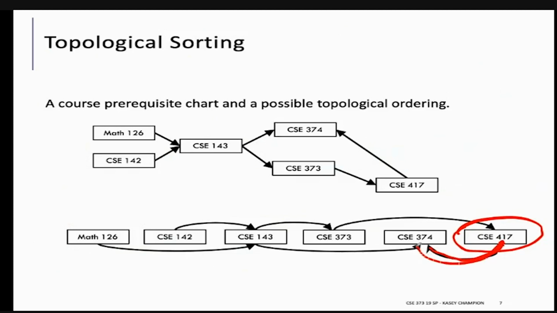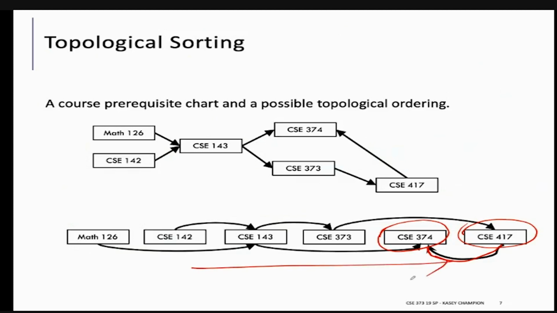This edge basically comes backward, right? So what we have said in the last slide, we cannot do this way. Why? Because if we have decided to do 374 first and then 417, but this edge tells us that we have to do 417 first. So the order we have shown here is not quite correct. So we cannot select courses in this order.